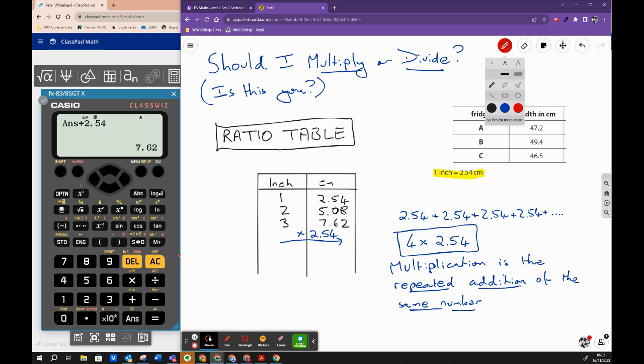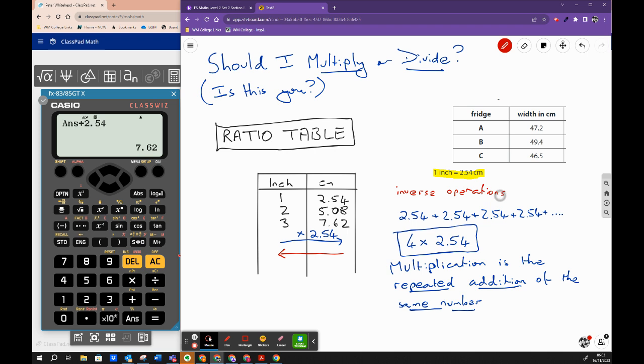So thinking back to my meters and centimeters example, the next thing we thought about is, but what happens if I get given a number in centimeters? How do I convert that into inches? And the way we thought about that was to think about inverse operations.